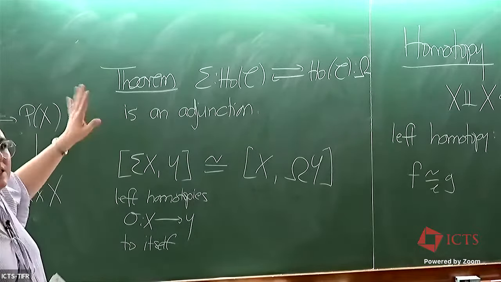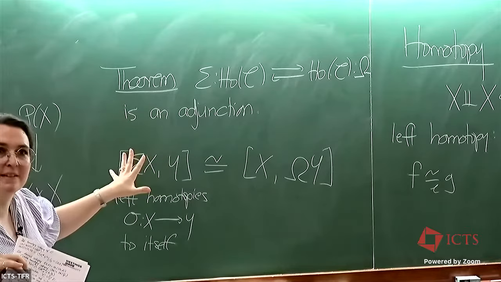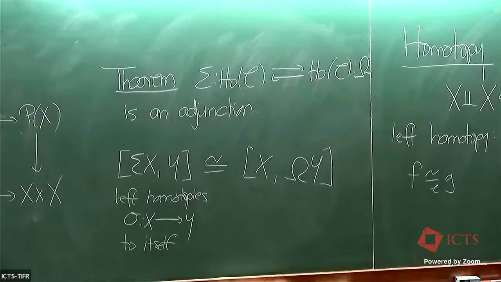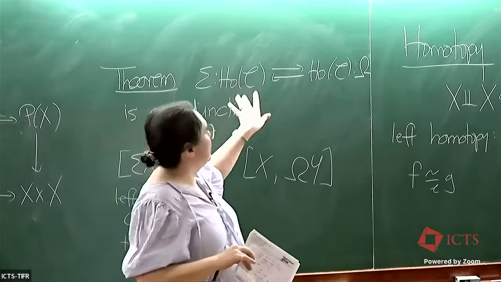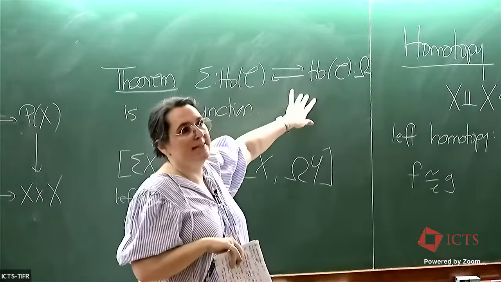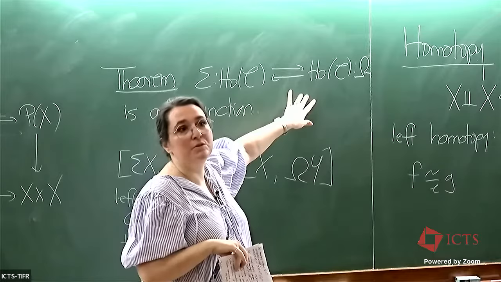However, this involves all kinds of choices, lots of choices, because that's not unique. You have to replace things cofibrantly, fibrantly, and everything. And it becomes a big mess. And because of all those choices, you only get an adjunction on the homotopy categories rather than on the nose.